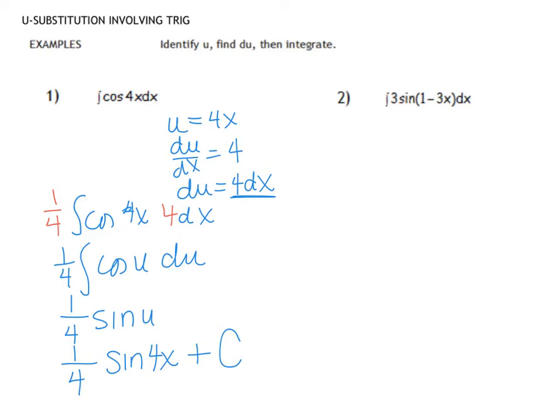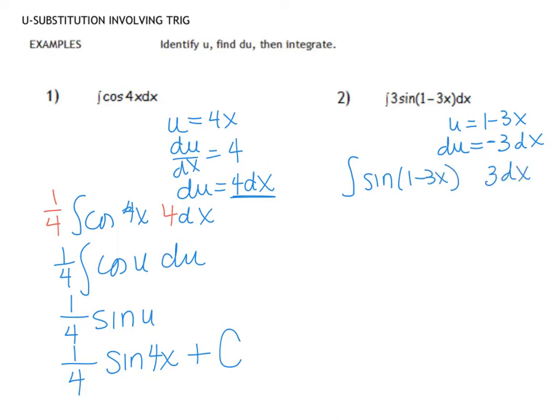The next one over here, we're going to let u be the part inside the parentheses, so u is 1 minus 3x. So du is going to be negative 3 dx. I skipped a step there. I hope you kind of followed along. Rewrite. I have sine 1 minus 3x, and then I'm going to move the 3 over with the dx. I'm close. I've got everything but the minus sign.